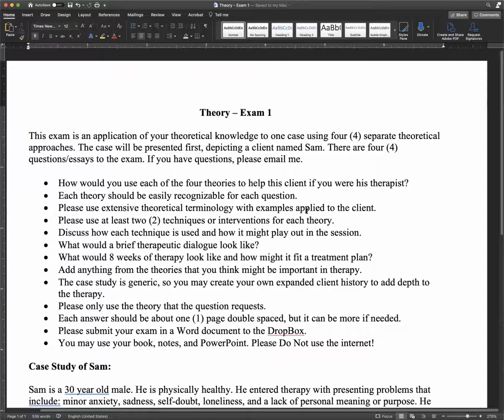Just so you know, I realize that existentialism doesn't have a list of, quote, techniques, but it does have a lot of therapeutic goals. It talks about things like freedom of choice, responsibility, realization of one's own mortality, existential moments, existential anxiety, the existential vacuum, processing these terms and more with the client.